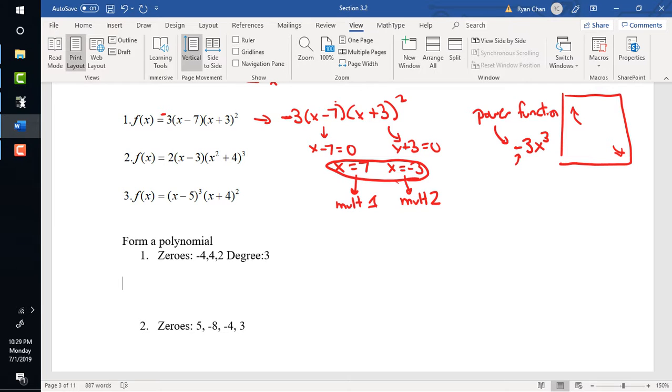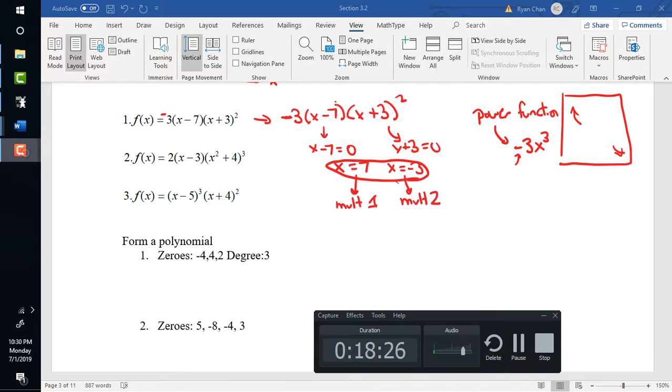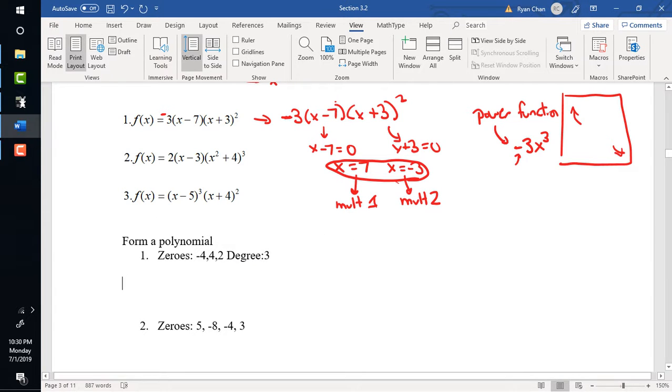Let's think about this. If we go backwards, remember, when we have x equals 7, my factored form is x minus 7. So your answers here are going to be opposite signs of what your factors are. Since my 0 is negative 4, it'll become x plus 4.